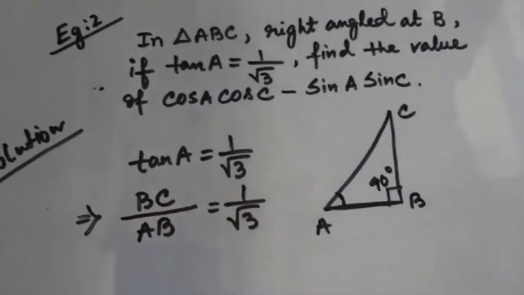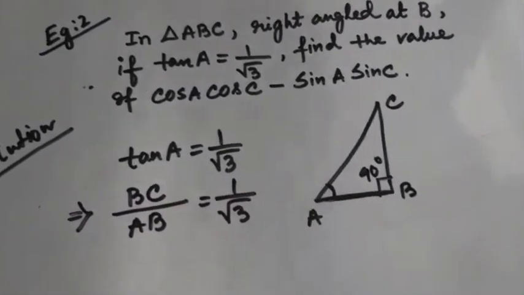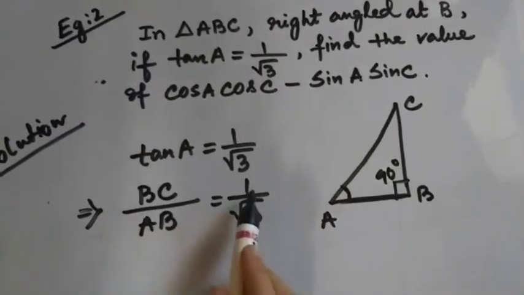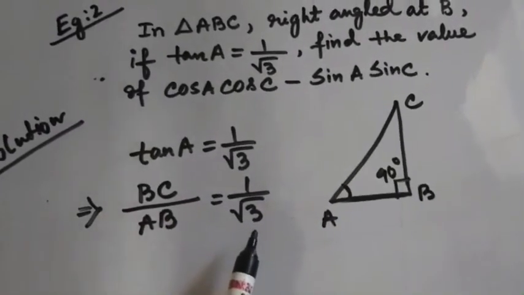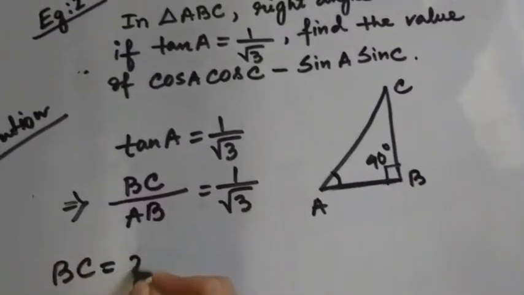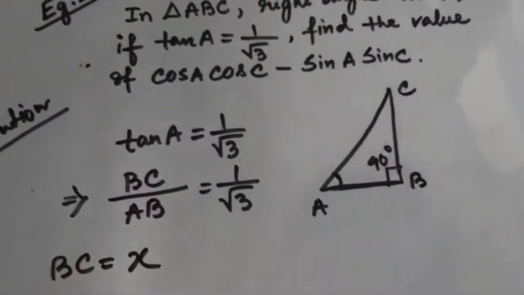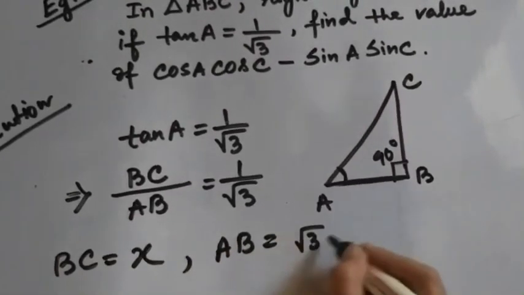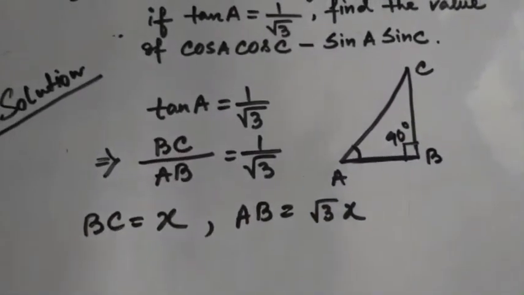Right? So I had already told you that we cannot say that BC equals 1 and AB equals root 3. So we have to put that BC equals x, where x is a constant term, and AB equals root 3x. Okay.